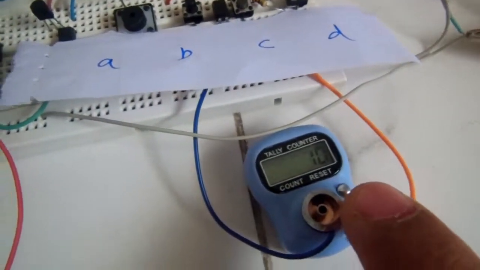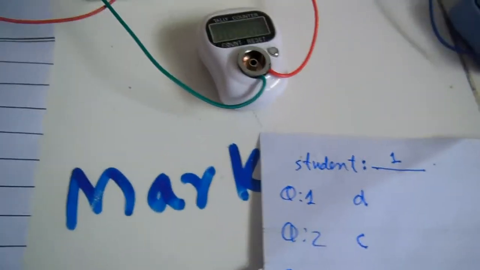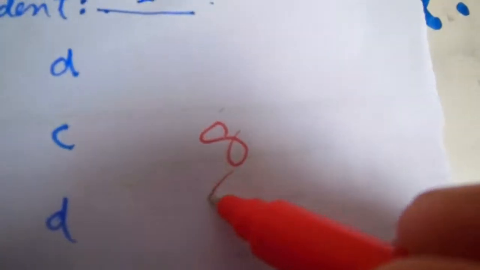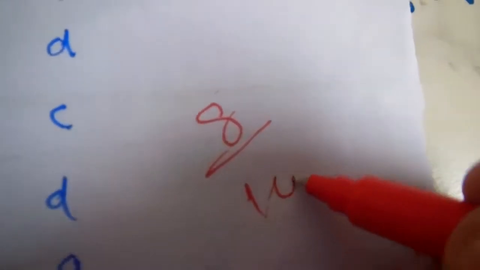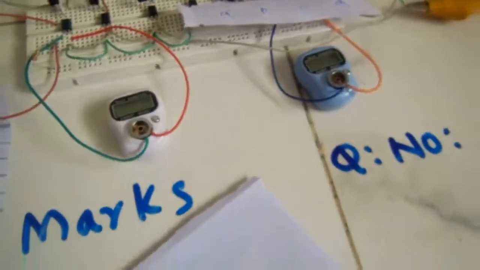How much did the student get? Only 8 marks. So we can write 8 divided by 10. It has been checked by the circuit.